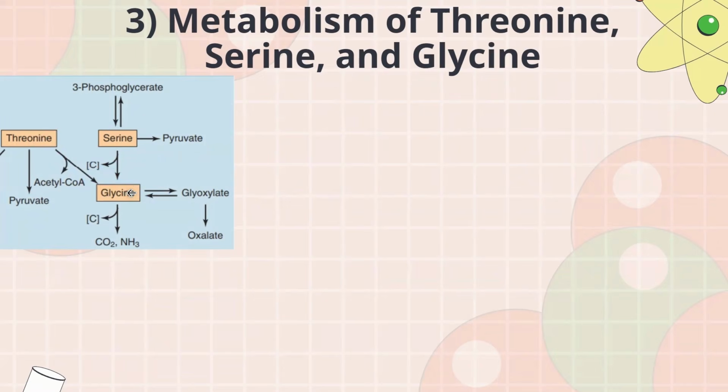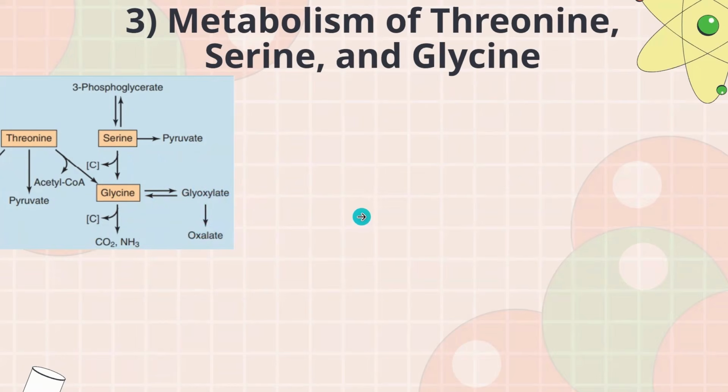And the way it does this, serine will lose a carbon molecule, but threonine loses an acetyl-CoA, okay? And when it loses an acetyl-CoA, it will eventually form glycine, and glycine will then end up either forming CO2 and NH3, or it will form glyoxylate, which will form oxalate later on.